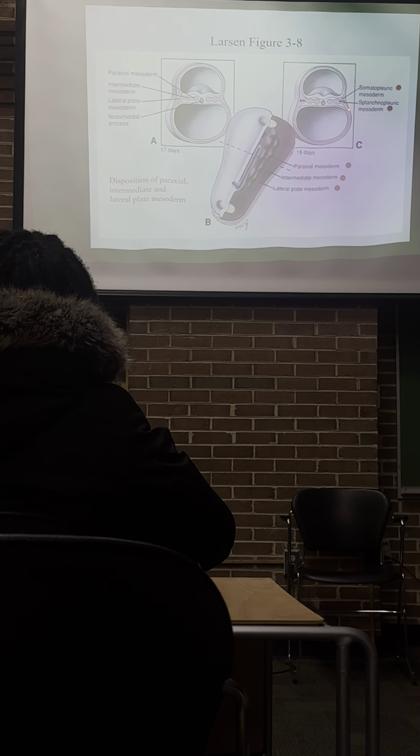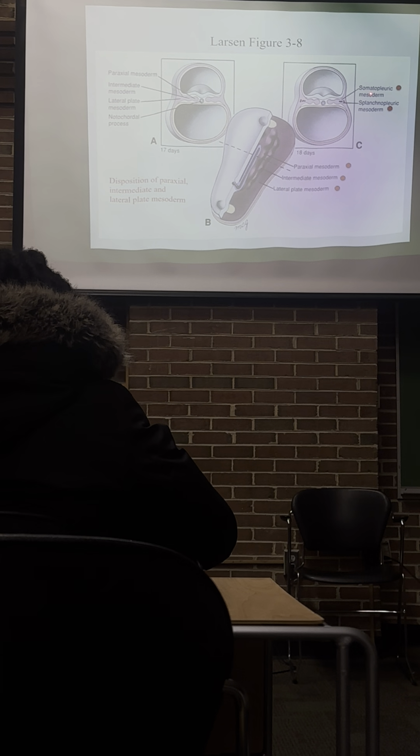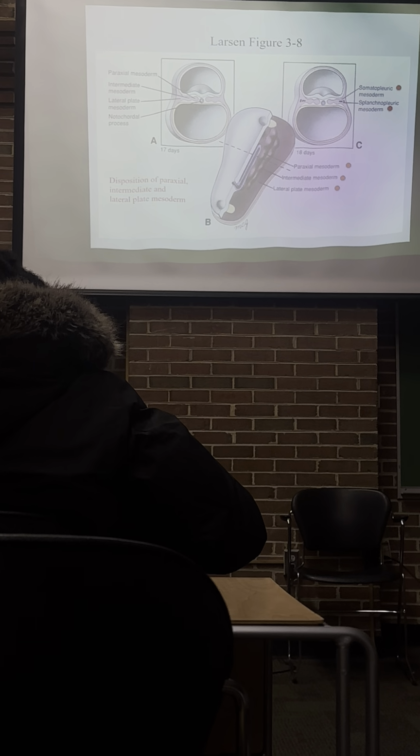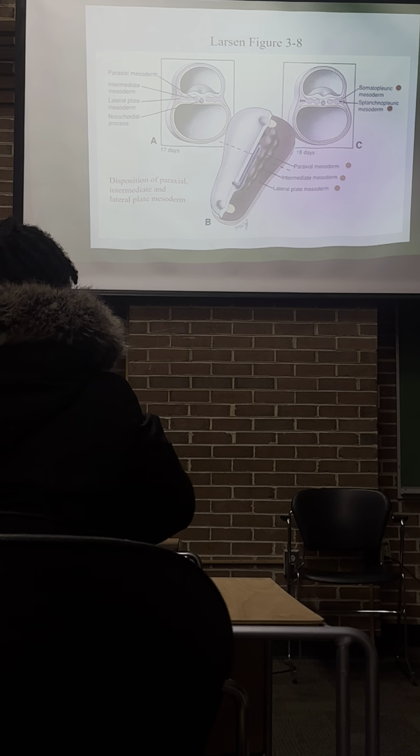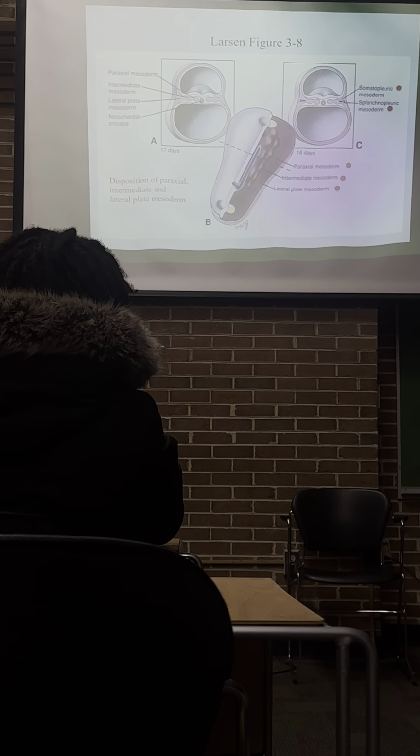So the lateral plate mesoderm develops into 2 layers, one associated with the amniotic cavity, the other associated with the yolk sac. The one associated with the amniotic cavity is the somatopleuric mesoderm. The one associated with the yolk sac is called the splanchnopleuric mesoderm. Somatopleuric mesoderm lines the interior of the body wall, the thoracic cavity, abdominal cavity, and pelvic cavity.